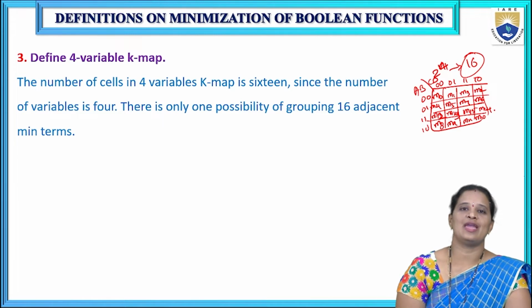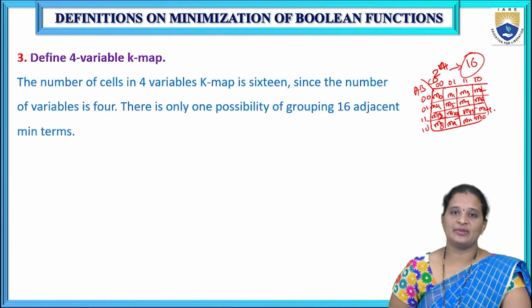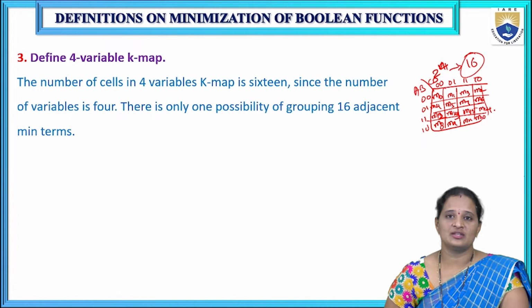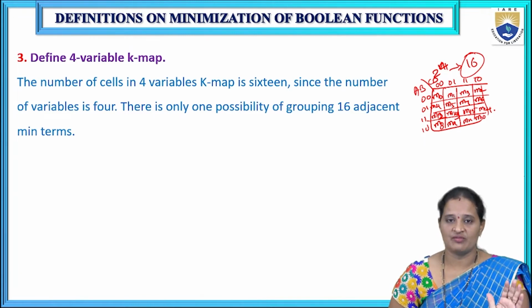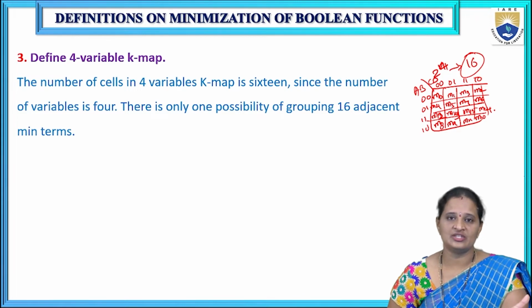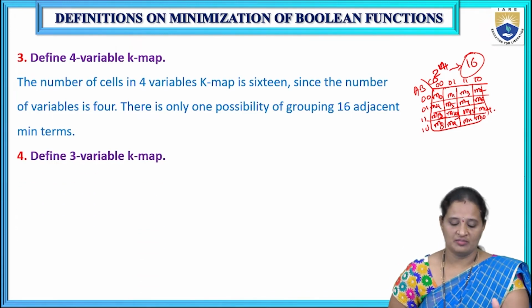And the last row M8, M9, M11, M10. So a 4-variable K-map is defined as a K-map which is used to simplify a 4-variable Boolean function, which consists of 16 cells, and each cell represents any one of the 16 possible combinations for 4 input variables.